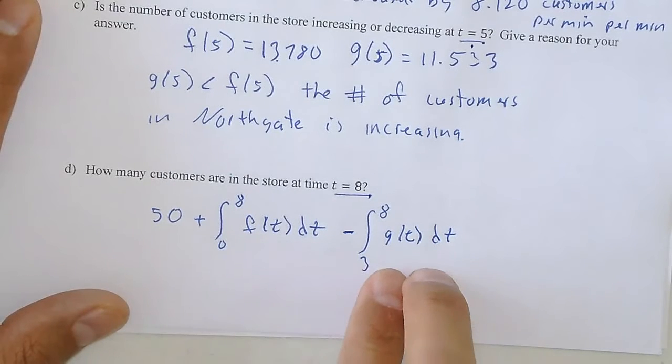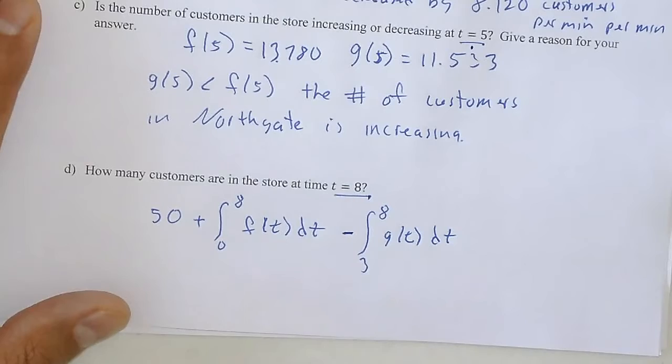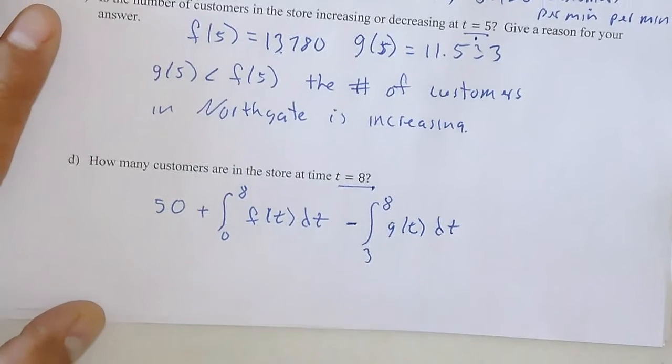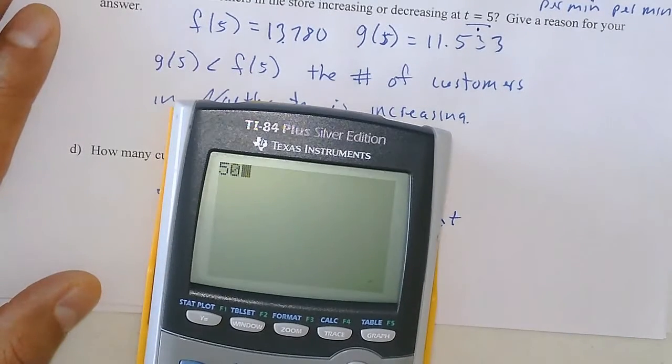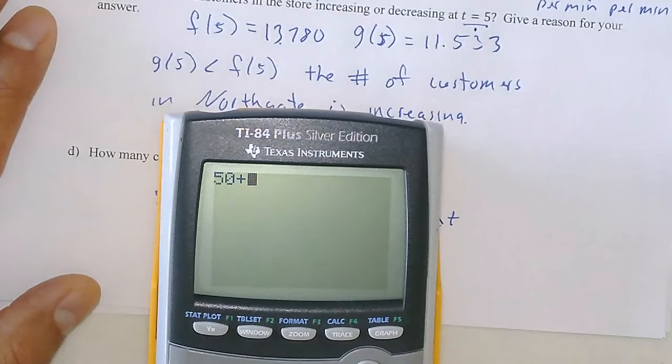And I'm going to get a total of that many people. So at time equal 8, that many customers in the store.